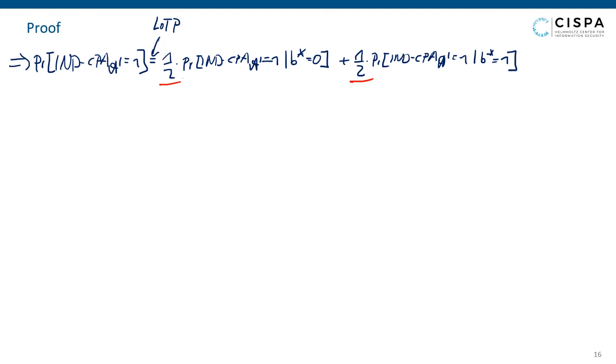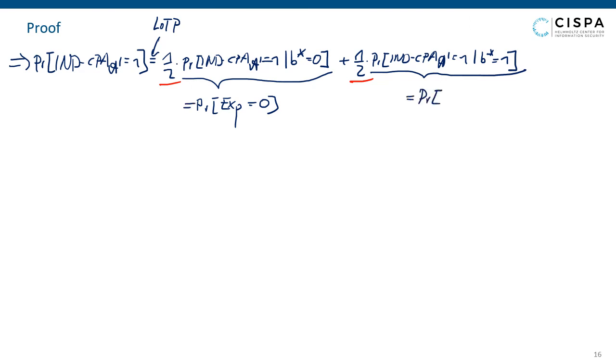So from what we just computed, this probability here is the same as the probability that exp equals 0, and this probability is the same as the probability that exp prime equals 1.